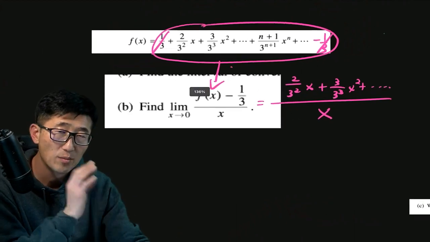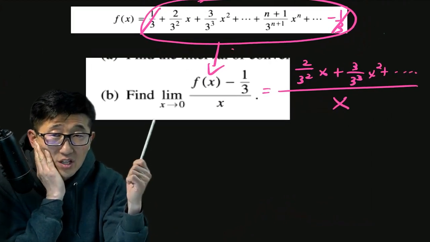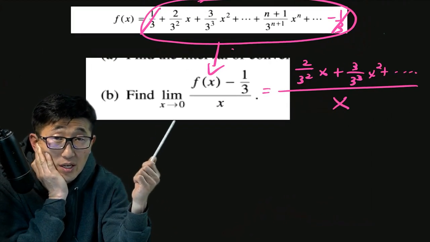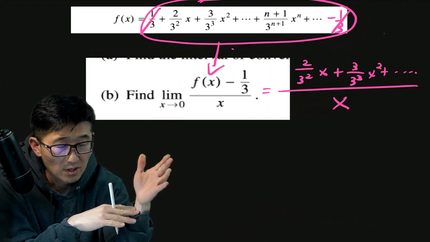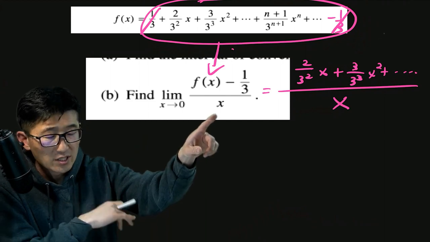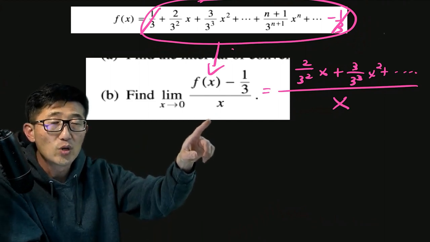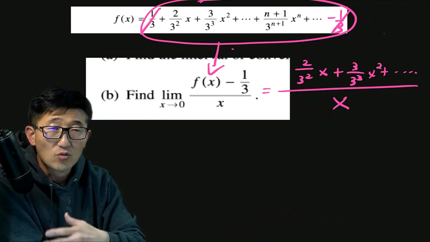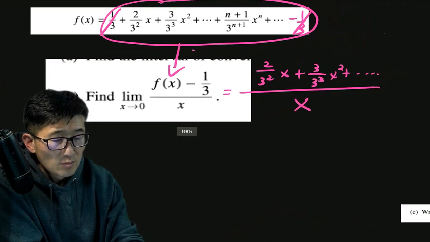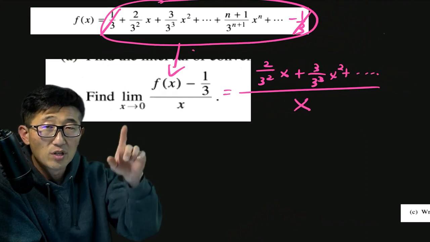Now, let me back up a little bit, because when you find the limit of any function as x heads to 0, the first thing you want to try is just plug it right in. So you plug it in and you realize the denominator equals 0. And that's when you realize you have to do some factoring and canceling out, rearranging or simplifying, because your goal is to find a way to plug 0 in.